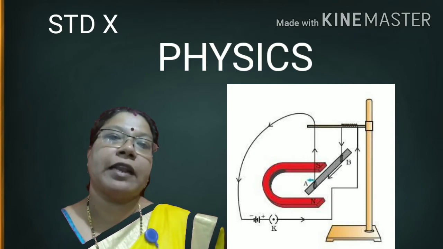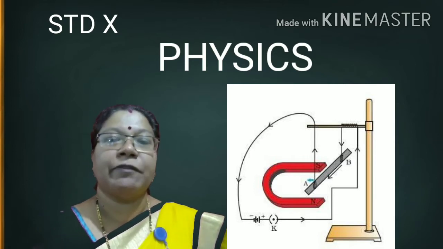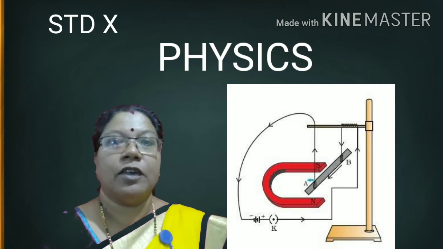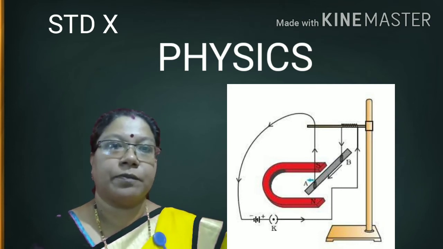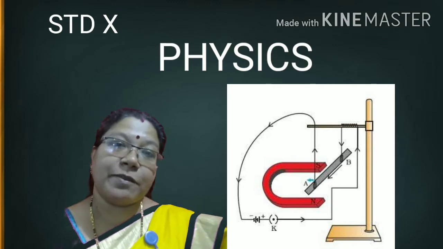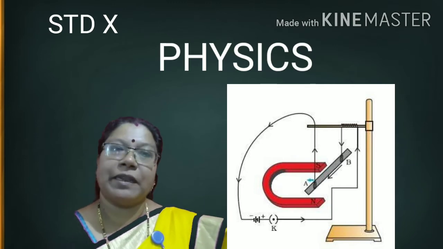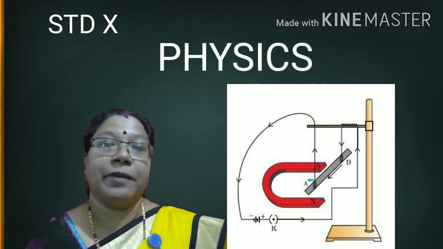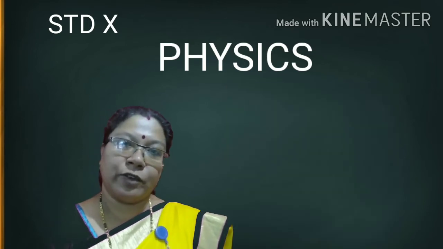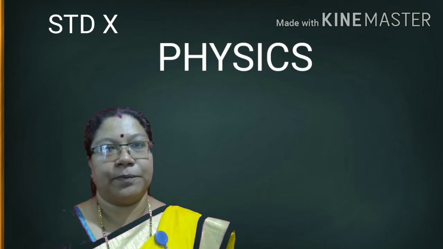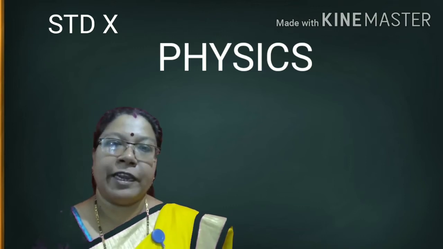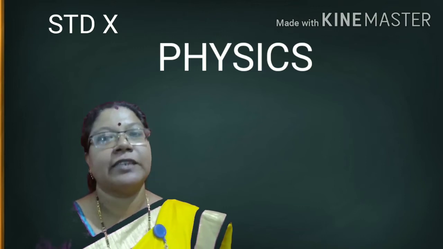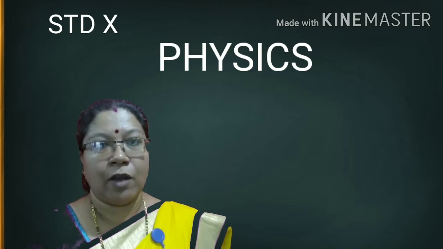When the poles of the magnet are reversed, the magnetic field also gets reversed. So the deflection of the conductor also gets reversed. This is a very important section, and this is known as the motor principle.